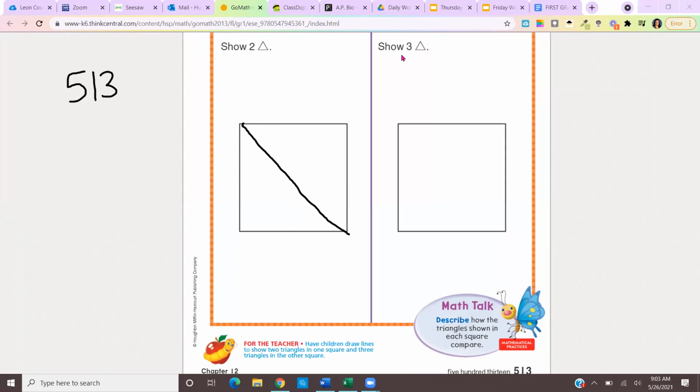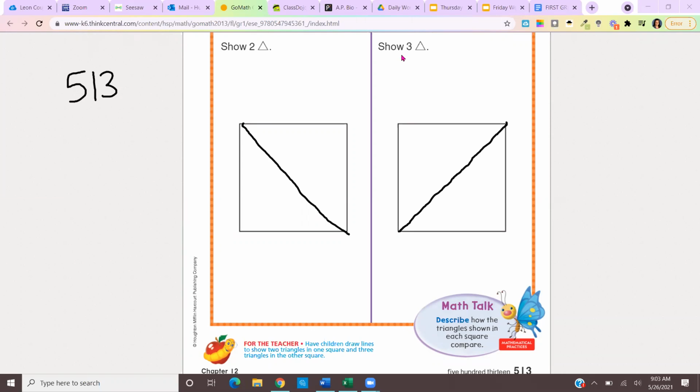For our second square, it says, show 3 triangles. Well, we know to be able to break it into 2 triangles, we have to draw a diagonal line. So how many triangles do you see right now? 2.